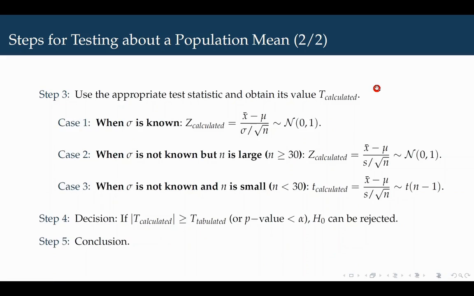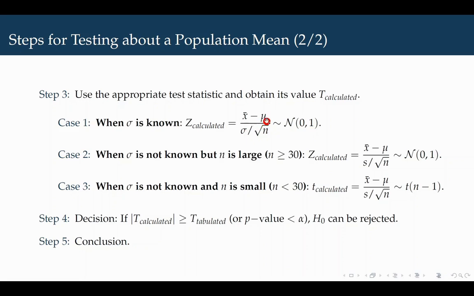Then once we determine the tabulated value, next we have to determine the appropriate test statistic, and we have to obtain the calculated value using the sample data. And here we could have again 3 different cases. So if the population variance or population standard deviation is known, the calculated value of the test statistic is based on a standard normal distribution, and it can be determined as the sample mean minus mu.